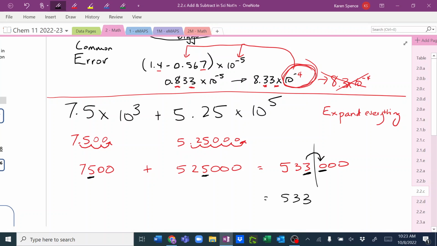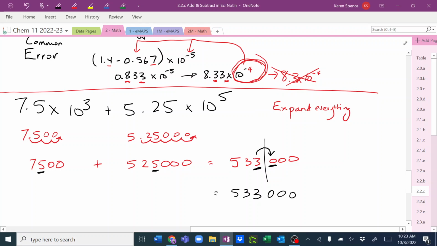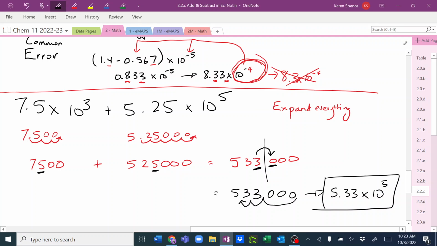No, because that would be silly, because I cannot take 533,000 and round it off to 533. I would be losing many, many powers of 10, 3 powers of 10. All right, and then this number is really big, so I might tend to put that in scientific notation, 5.33 times 10 to the 5. Okay, and that is that.